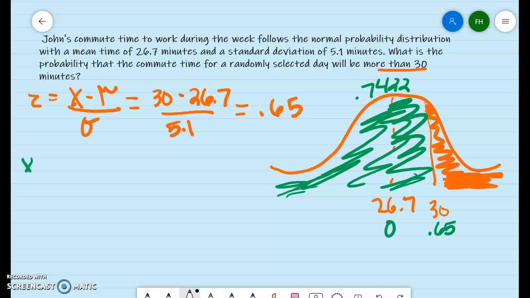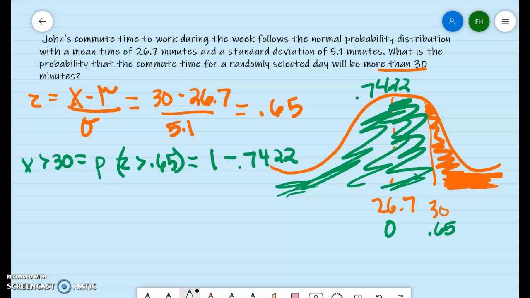The probability that x is more than 30, and the probability that z is more than 0.65, would equal 1 minus 0.7422. So the probability that a randomly selected day would be more than 30 minutes is 0.2578. And that is how you calculate the z-score and the probability for a normal probability distribution.